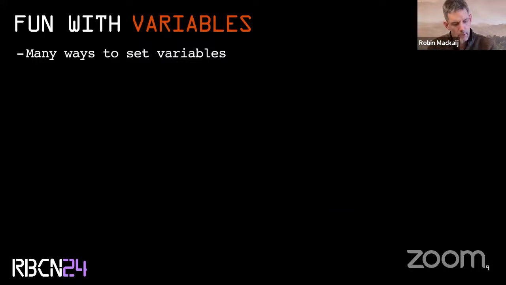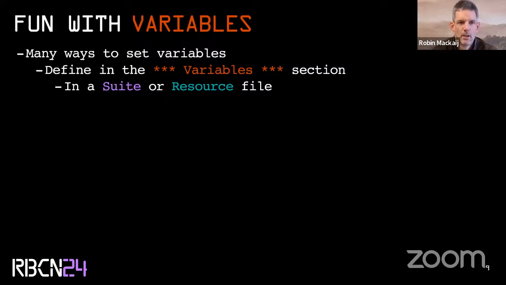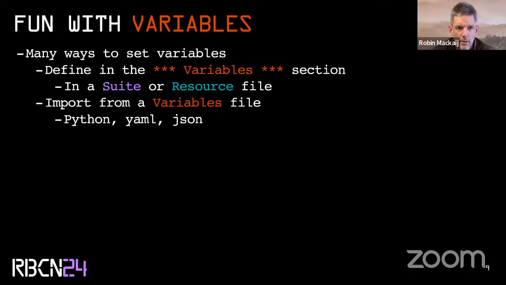So let's look at variables for a bit. There are quite many ways to set variables in a Robot Framework project. I already mentioned the variables section that can be in a suite or a resource file. You can import from a variable file, which can be Python, YAML, or JSON.